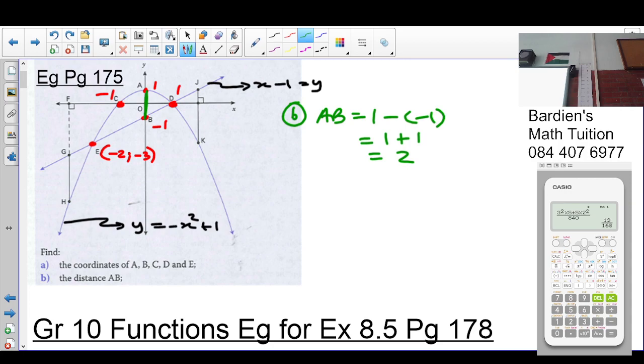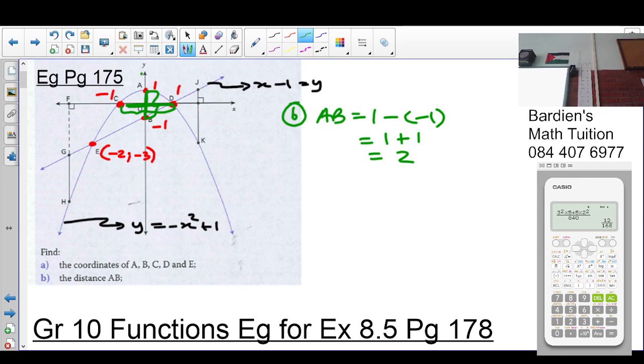Now, if you look here, if I take that line into account, it is parallel to the x-axis. Can you see that? So what you do is you subtract the two x values. I said it the other way around earlier, my mistake.